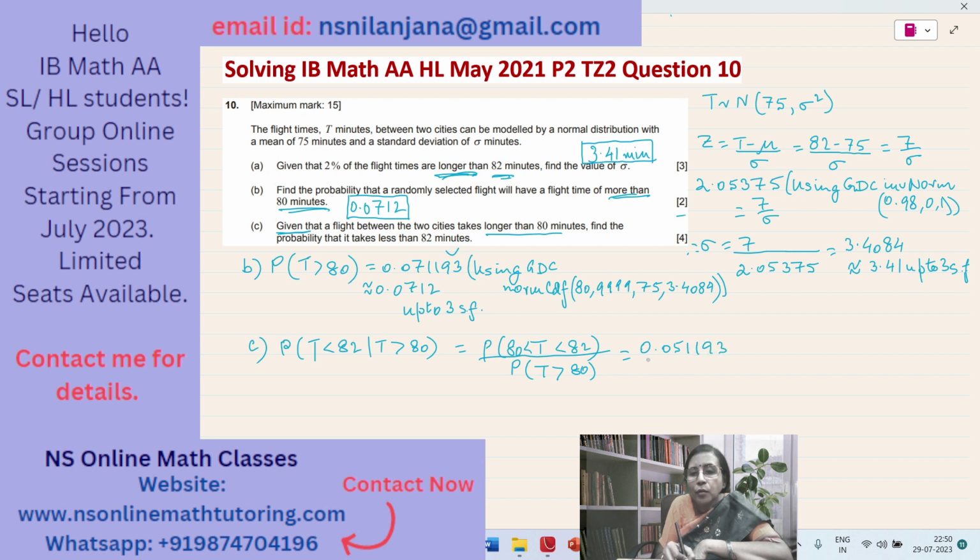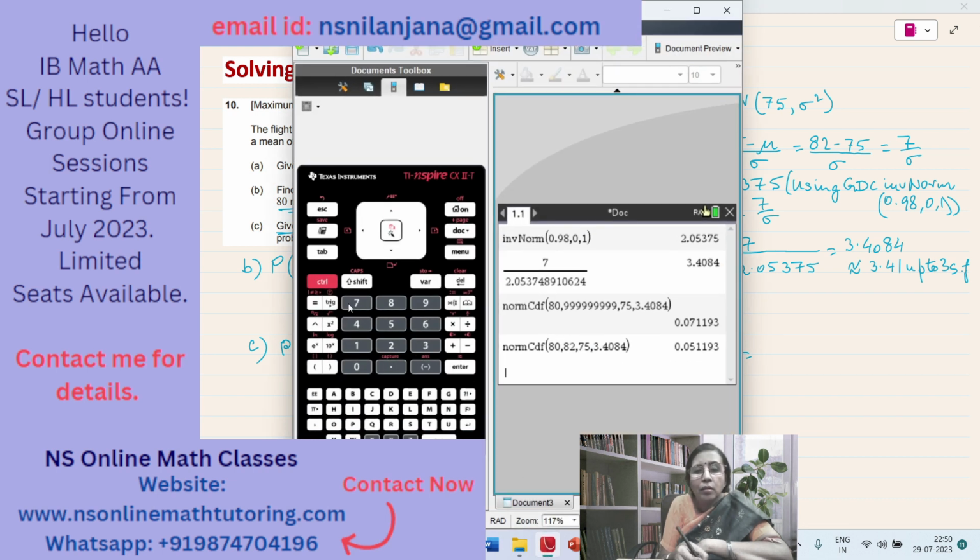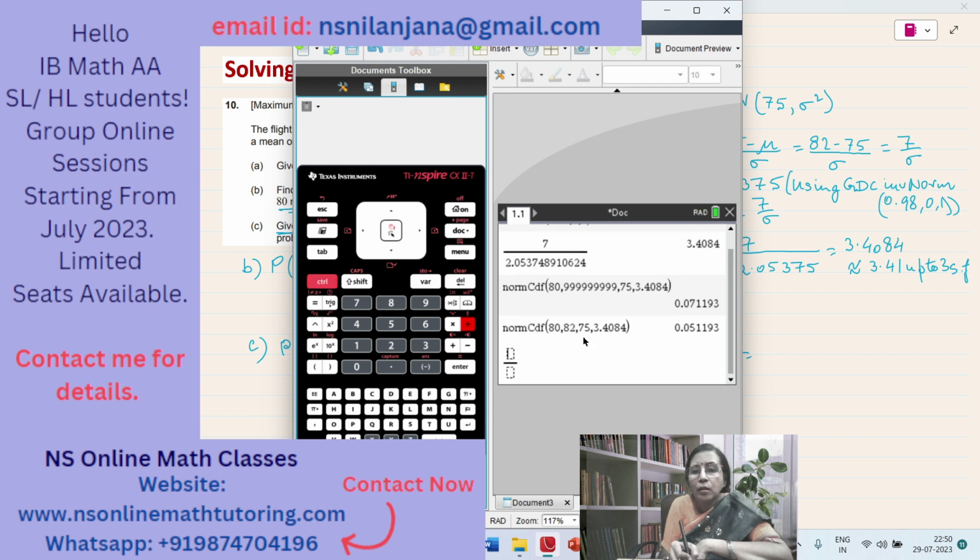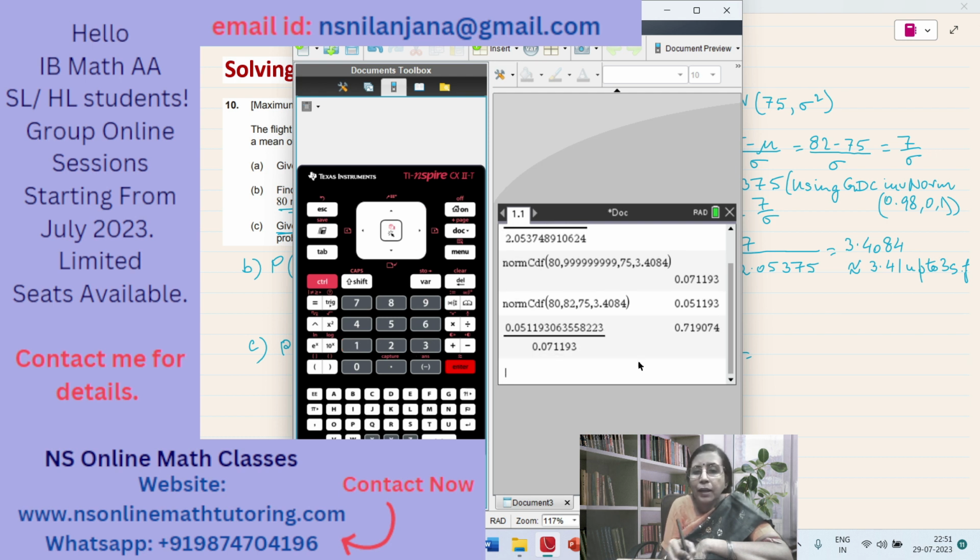So the numerator is 0.051193, over the denominator, which is 0.071193.